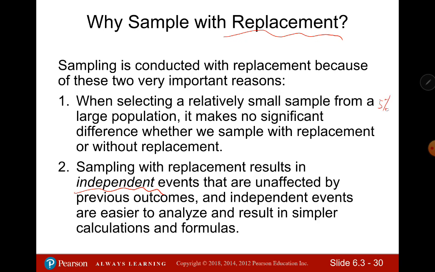Remember, if the population is very large but the sample is small, then we will treat all the sampling as with replacement, even if in fact they are without replacement. So this just tells you we prefer the sampling method with replacement because we want to make sure all the samples are independent of each other. So that's all for this section.